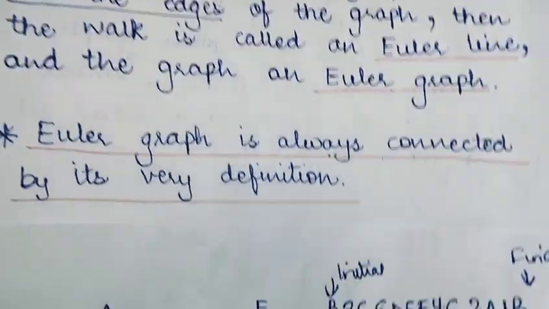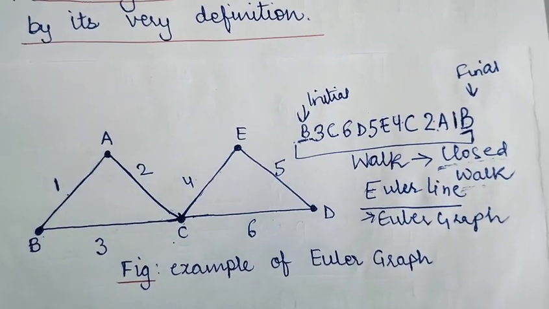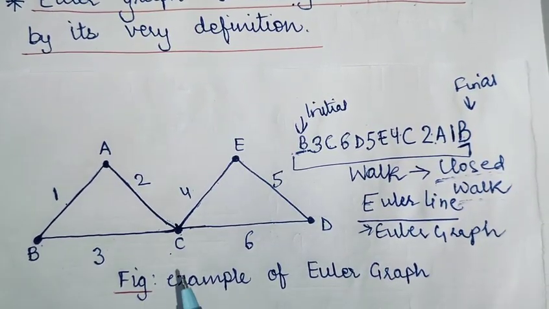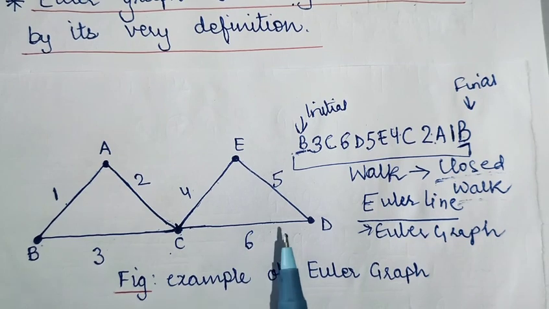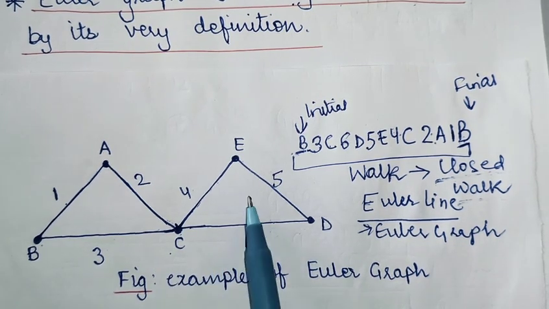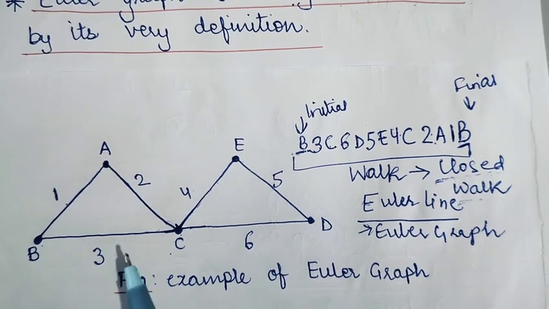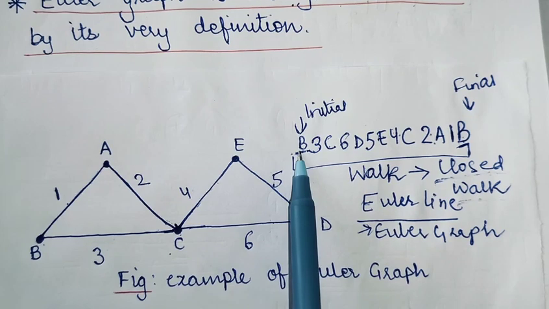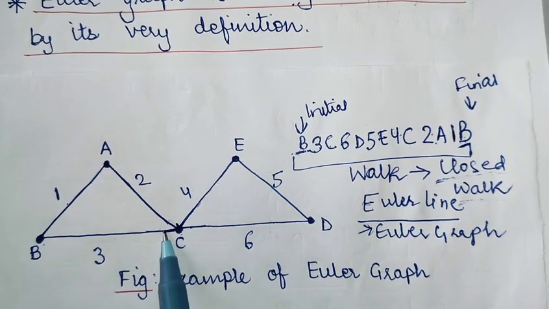Now let's look at the example of an Euler graph. If we consider this particular graph, let's find out if this is an Euler graph or not. For this, we first have to find out whether it contains an Euler line or not. That means we have to find a walk which contains all the edges of this graph. So let's start with vertex B. We start with vertex B and travel along edge 3.